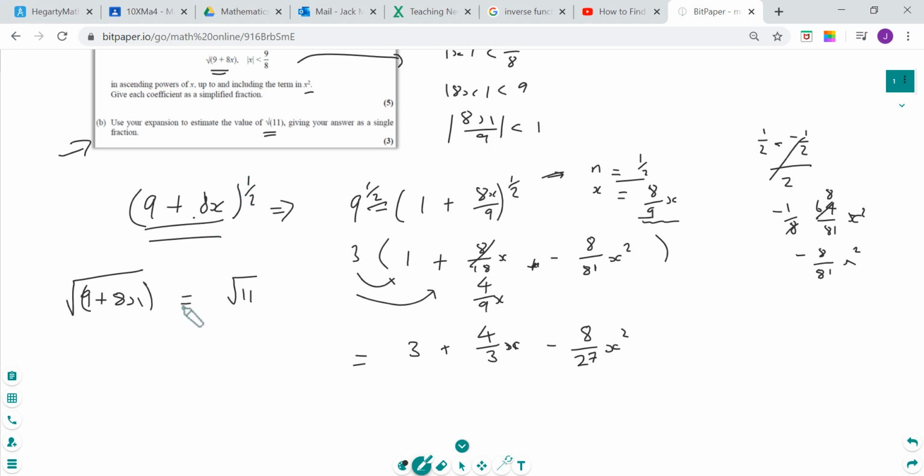Because if I think about when they would be equal, I'd be able to use my expansion to solve this. And then by doing that, I can find a value for x, and then I'm going to use that value of x in my expansion over here, because that will be using the expansion.